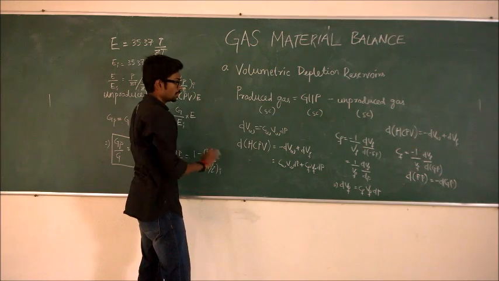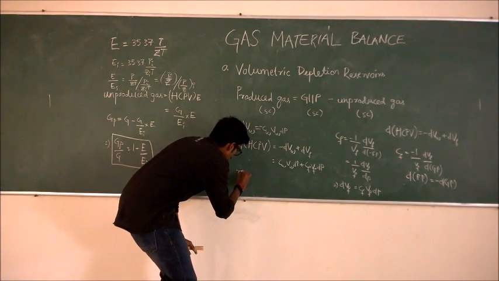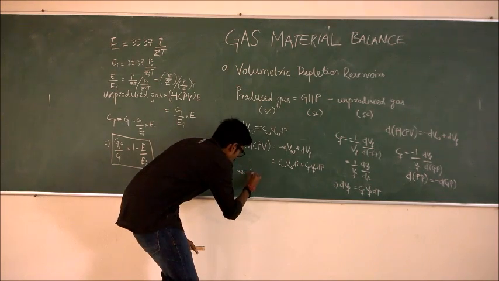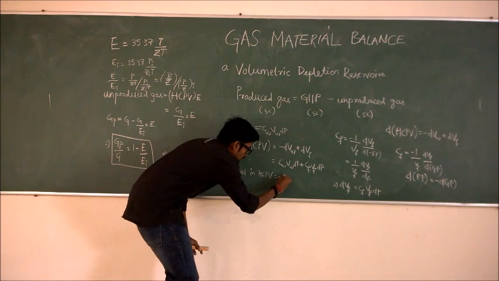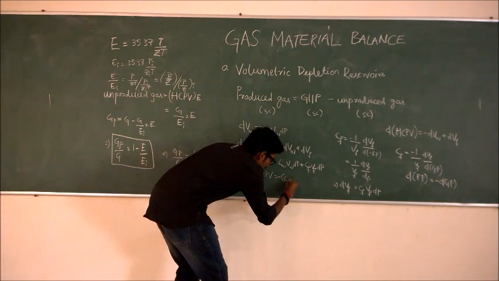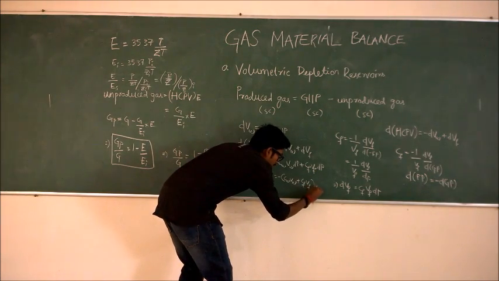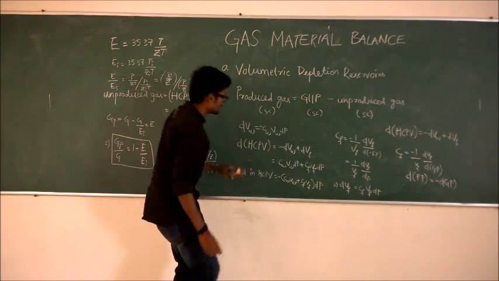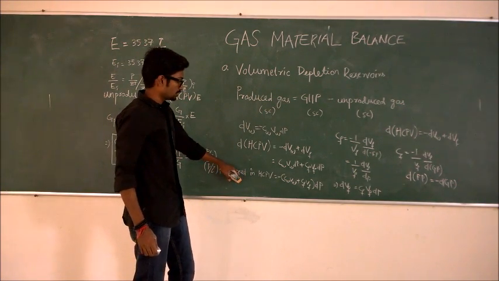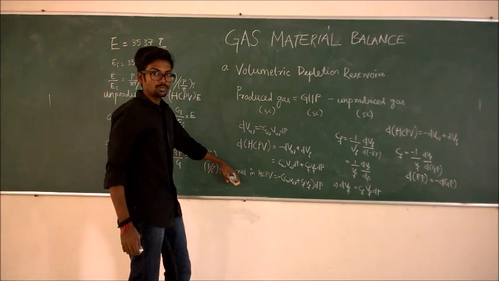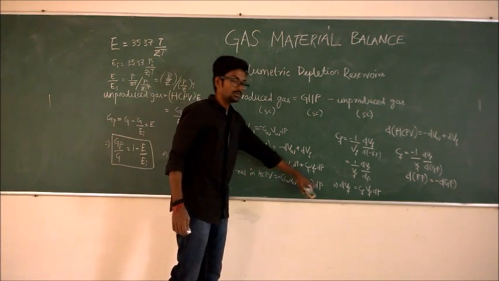So the reduction in hydrocarbon pore volume can be given as minus of CW dW plus CF dF into dP. This is the change in hydrocarbon pore volume and this is the reduction in hydrocarbon pore volume. Since we have taken the reduction in hydrocarbon pore volume, this comes out to be minus of CW dW plus CF dF into dP.